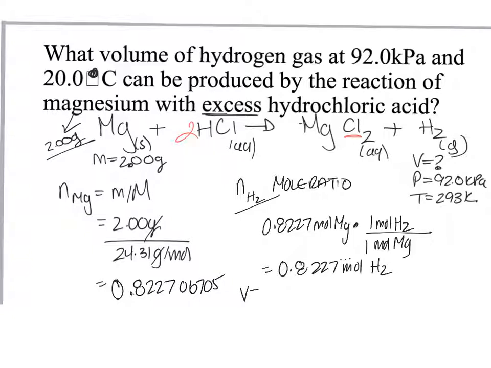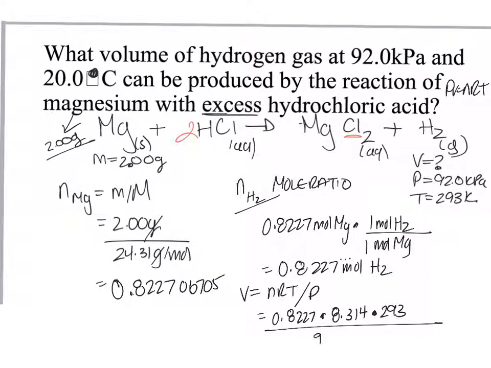And then lastly, we want to figure out the volume. So we're going to use this PV equals nRT and do nRT divided by P. So the n is 0.8227. We're still going to use that 8.314 gas constant because we're using kPa. The temperature is going to be 293 and the pressure is 92.